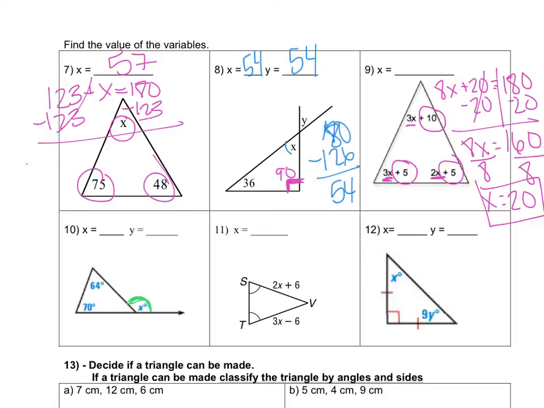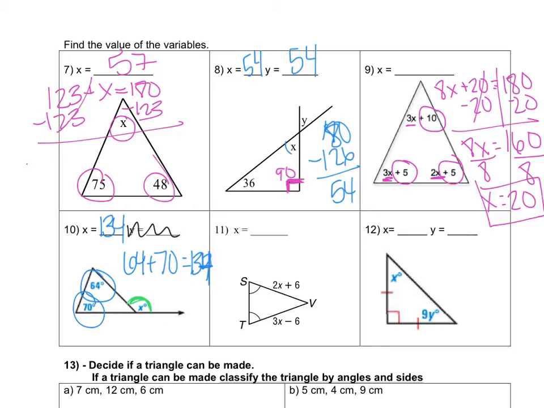So we have 64 plus 70. If you do 64 plus 70, you're going to get 134. So x is 134. And you don't need the y part. I don't know why that's there. So if you want, you can just cross it out, whatever.